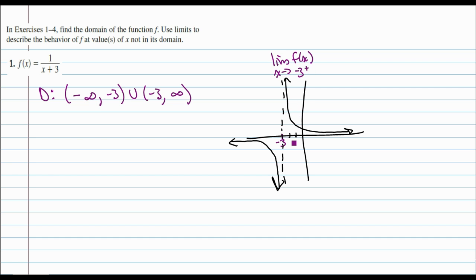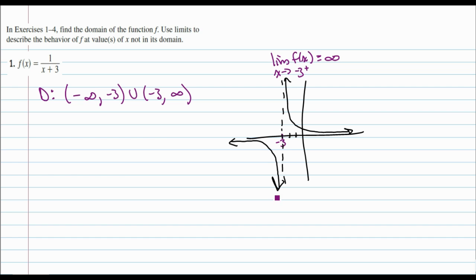So I have to put a little plus sign in the exponent. So negative 3 from the right. Our x values are going no farther left than negative 3. But as we get closer to negative 3, what are our f of x or y values doing? They're going up to positive infinity. So the limit of f of x as x approaches negative 3 from the right equals infinity.